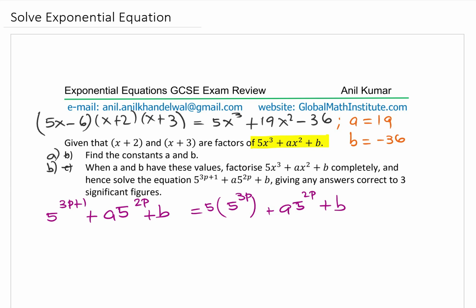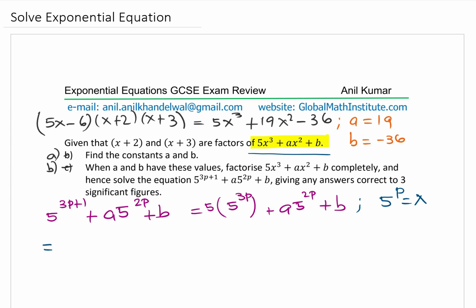So if I make a substitution, let us say 5 to the power of p is equal to x, in that case, we get the same equation, right? So we could actually solve this using x as 5 to the power of p.